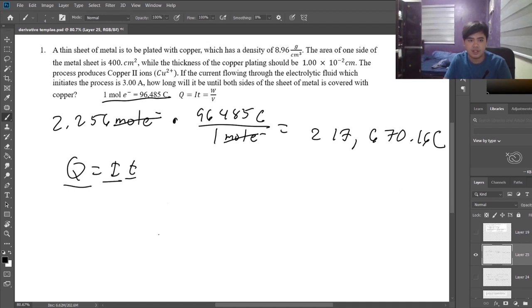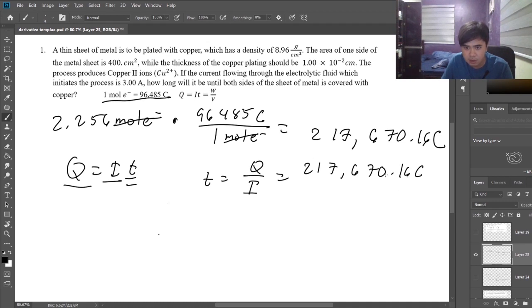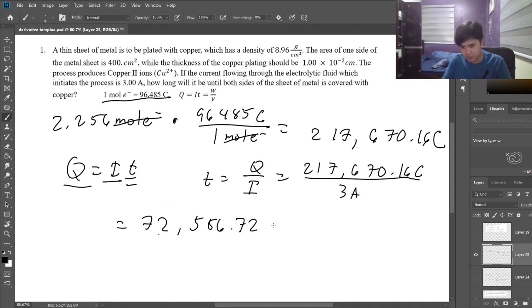What we're finding is T. So let's isolate T. T is equal to Q over I. Our Q is 217,670.16 coulombs divided by 3 amperes. The answer here would be 72,556.72 seconds.